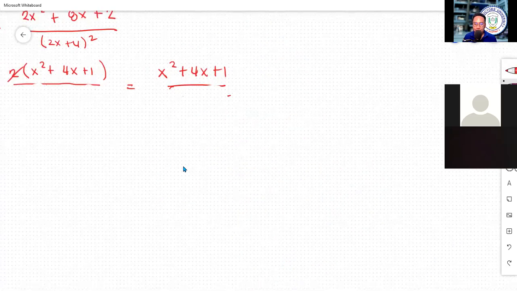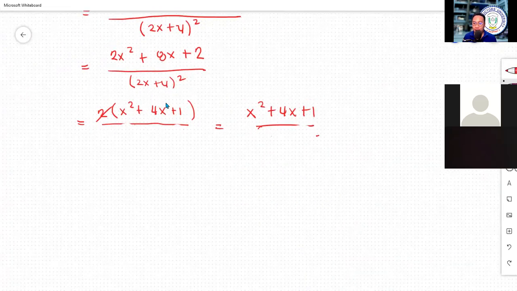Take a look, guys. If we were to expand the denominator, square the first term, that's going to be 4x squared. Then plus twice the product of the first and second term, so we multiply 4 times 2x, that's 8x. Twice that is going to be 16x. And then square the last term, we have 16.